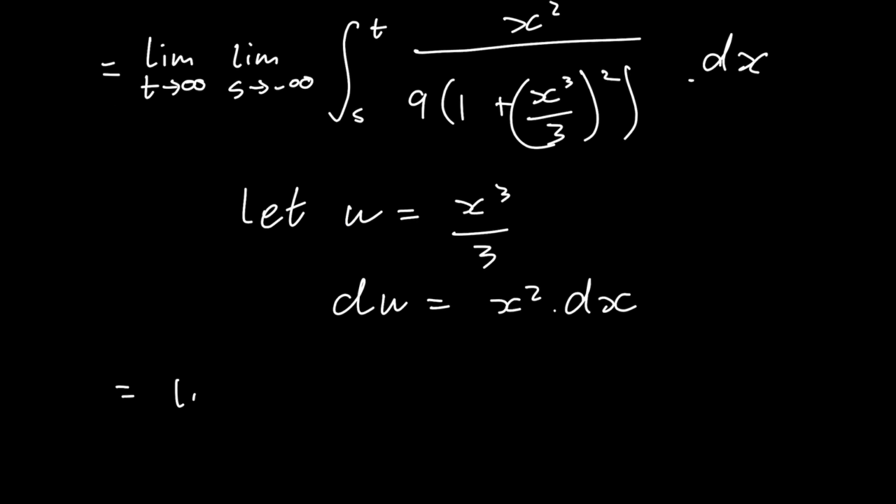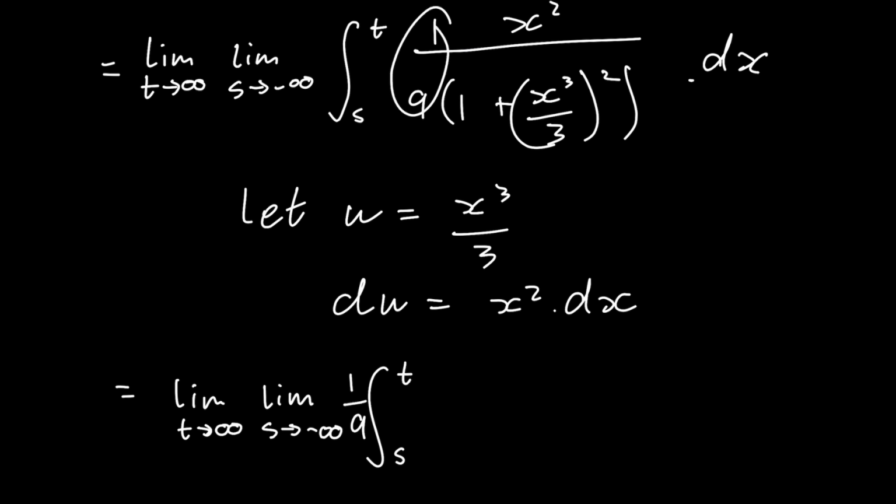And that works out perfectly, because we're going to be substituting in du for x squared dx. So let's continue. The limit as t approaches infinity, and the limit as s approaches negative infinity of the integral from s to t. Then we can take out this 1 over 9 here, because it's a constant. And then we substitute in u for x cubed over 3.